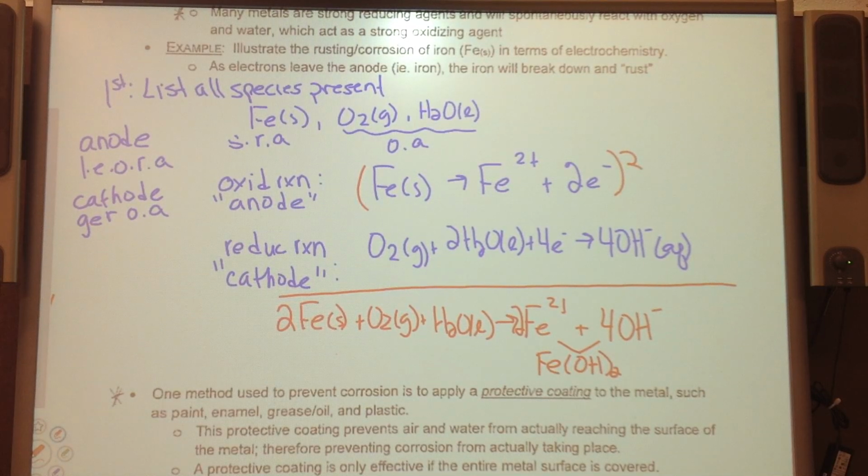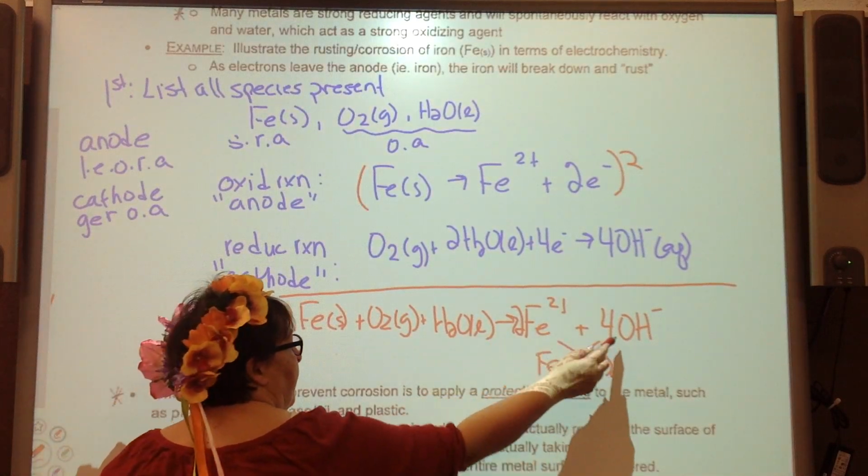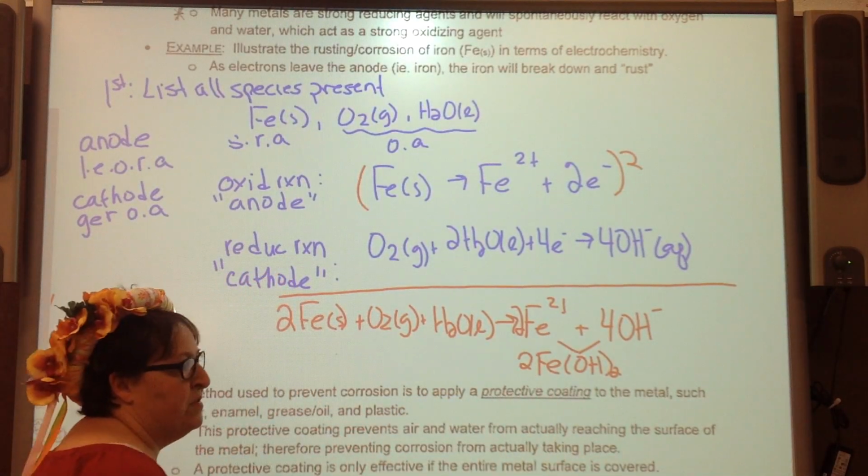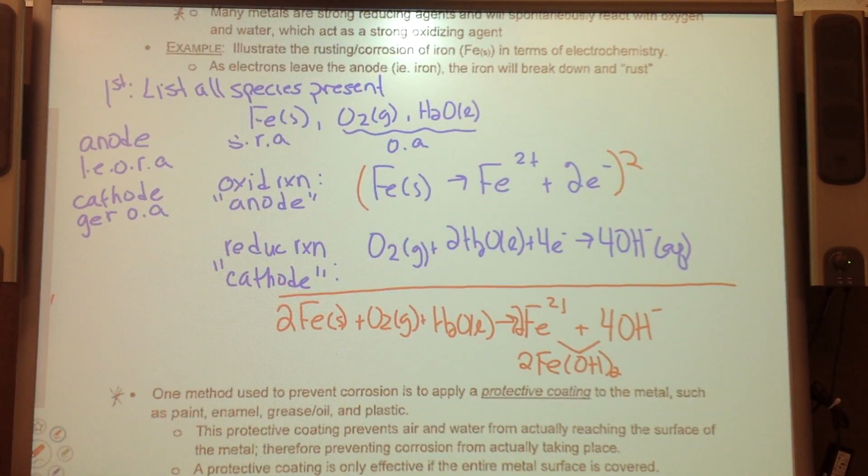That's the last step, where you combine any... We have 2 and 4, so we would end up with 2 molecules of that. You don't combine them, I'm just showing you that this is where the rust is coming from.